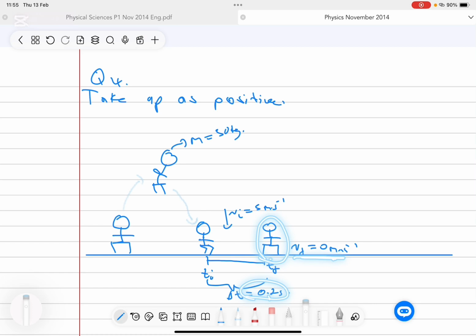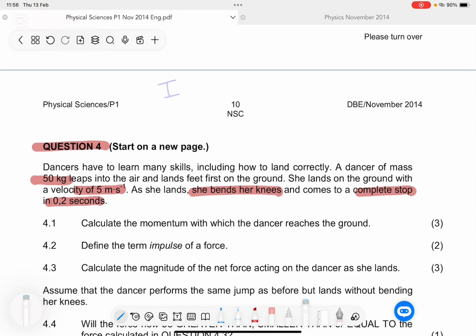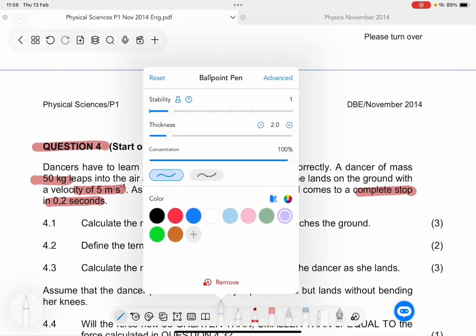Now she has completely stopped. So definitely there's a change in momentum from here to when she stops. I hope that actually makes sense as I'm describing it. And that is all the information that we are given in this problem. Now that means we are done with interpreting our problem.